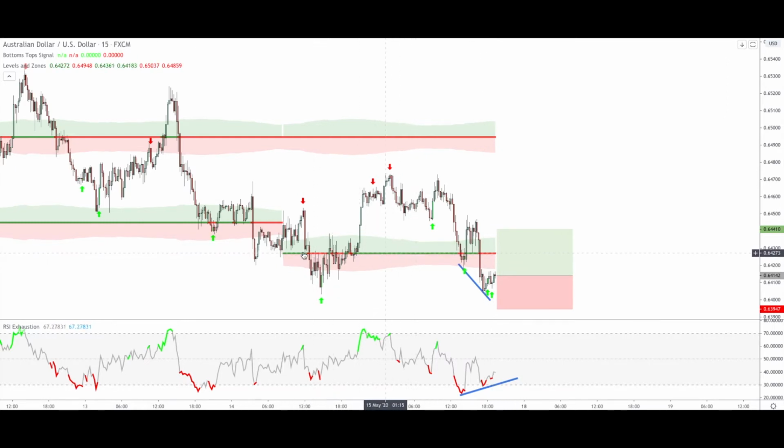As you can see here, it's green. So we have a support of this big sideways movement, which is around this level, and we also have a pretty remarkable resistance above here.